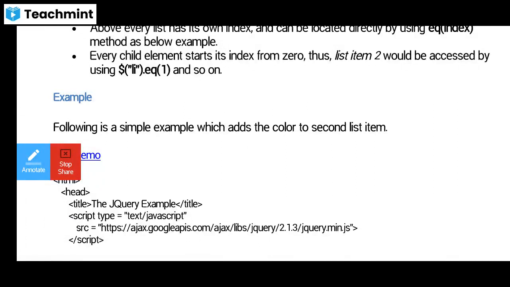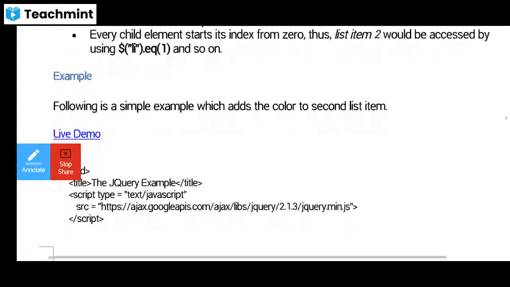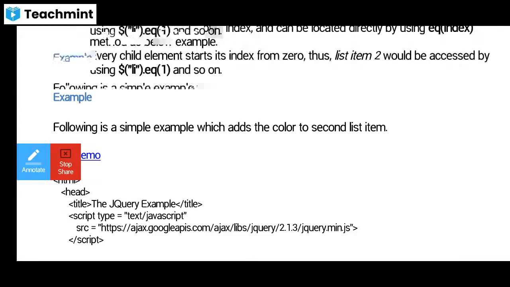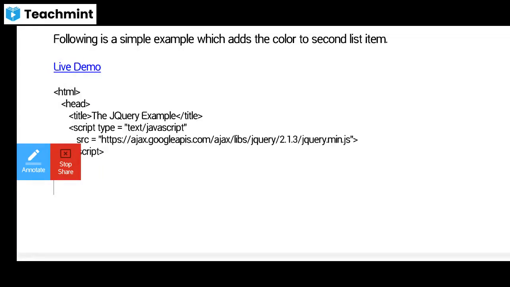Following is a simple example which adds the color to the second list item. Okay. So we have the HTML opening tag and head opening tag and title, the jQuery example for DOM traversing.